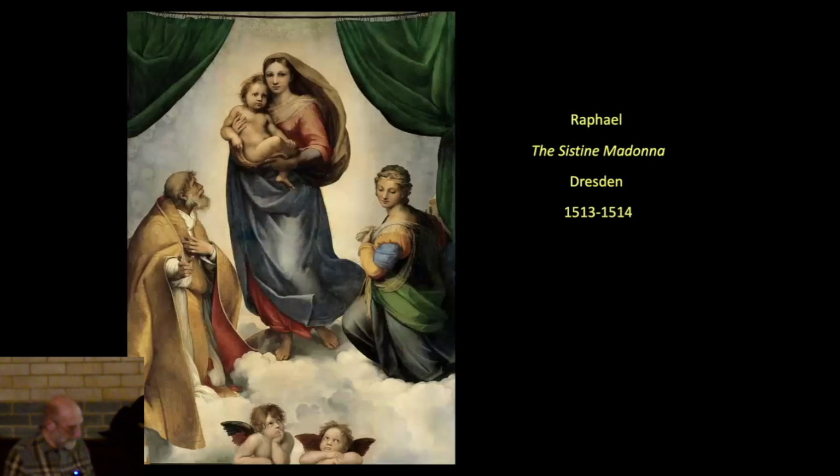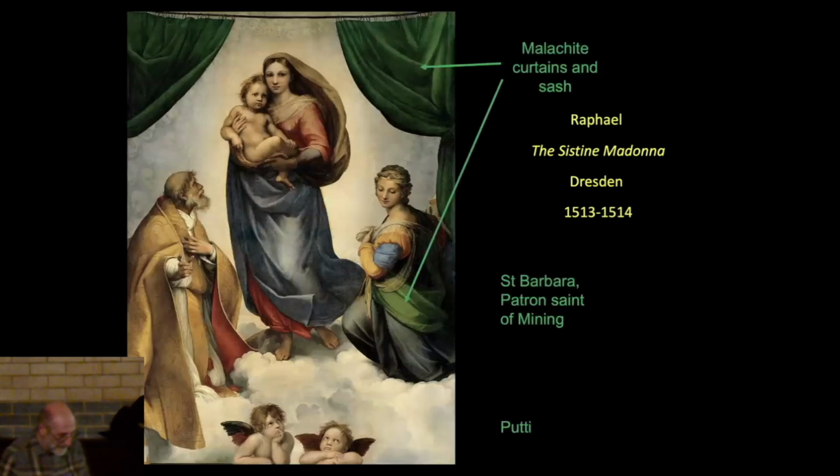And this example shows its use by Raphael in the early 16th century. Commissioned by Pope Julius II in 1512, this portrays the Madonna holding the baby Christ, a much better proportioned one this time, standing on the clouds and flanked by St. Sixtus and St. Barbara, interesting for us in that she's the patron saint of miners.